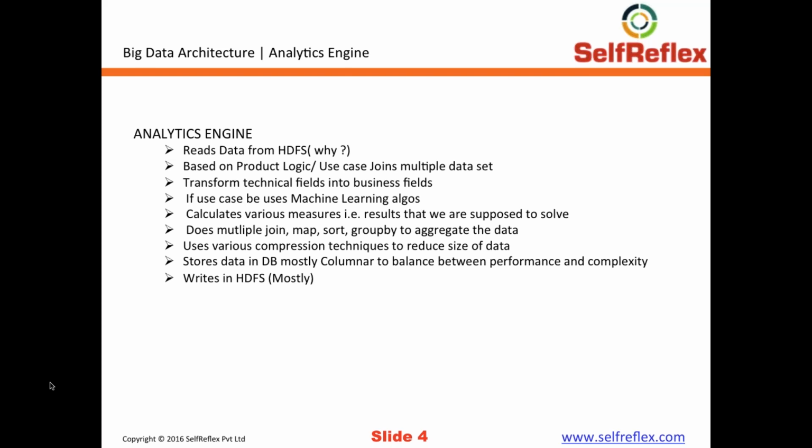Then there can be certain machine learning algorithms that might be required to find, let's say, patterns, like how the girls of Delhi performed compared to the girls of Chennai, or how the boys of Calcutta performed over the boys of Mumbai.